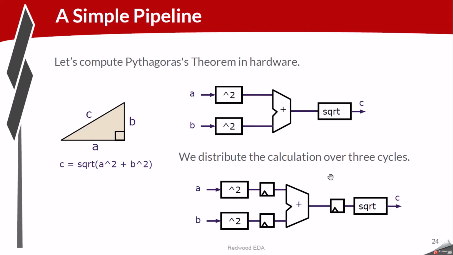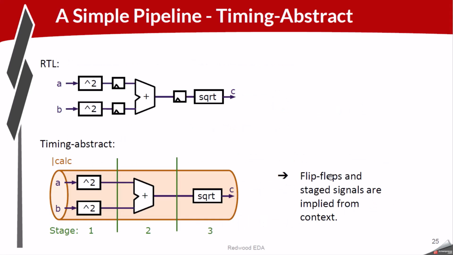So we just looked at the RTL mentality version of this circuit, where we're explicitly defining our computation and our flip-flops. Transaction-level Verilog gives you the ability to model this in what's referred to as a timing abstract representation.